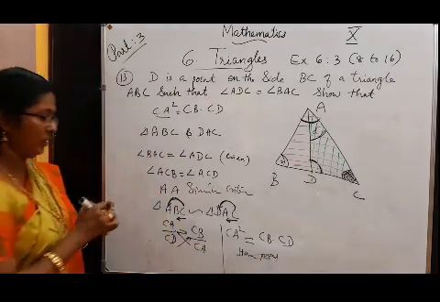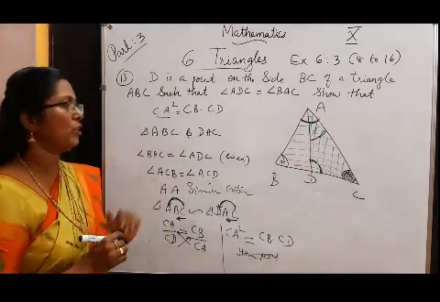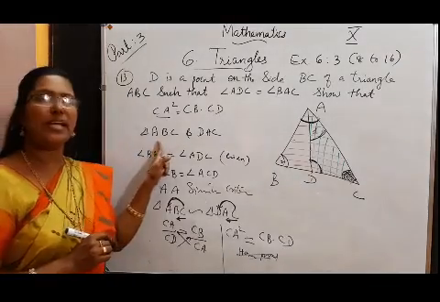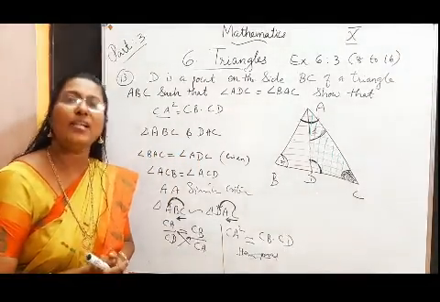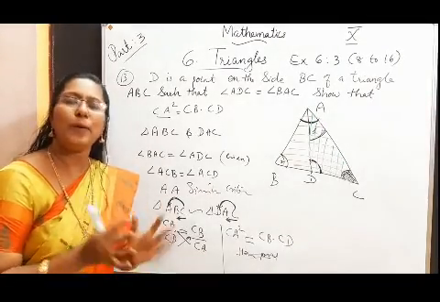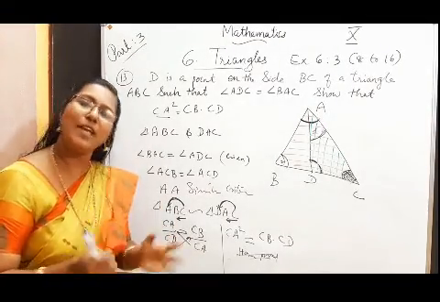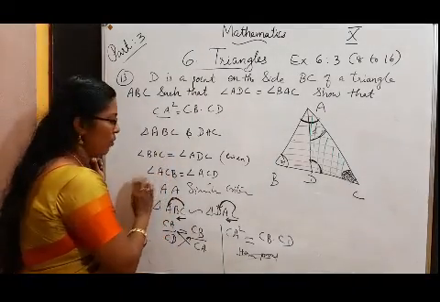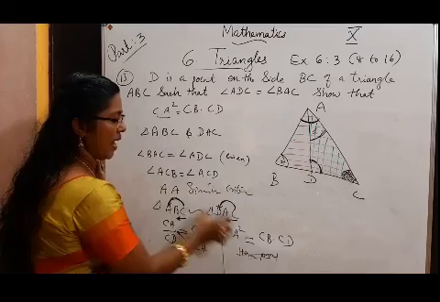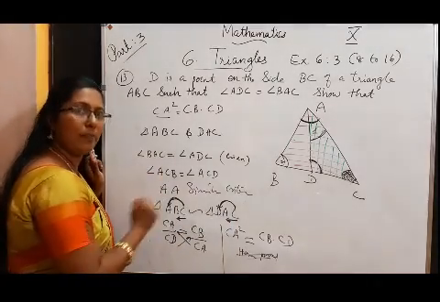Okay. Here, first of all, we want to prove triangle ABC and DAC are similar. If two triangles are similar, their corresponding parts are proportional, the same ratio. So we already proved triangle ABC and triangle DAC are similar.